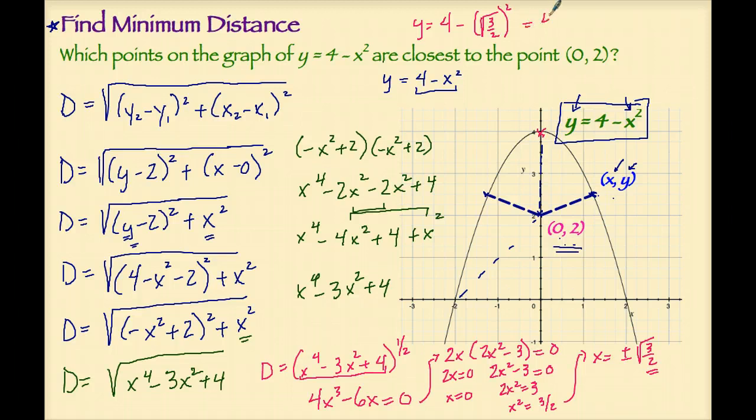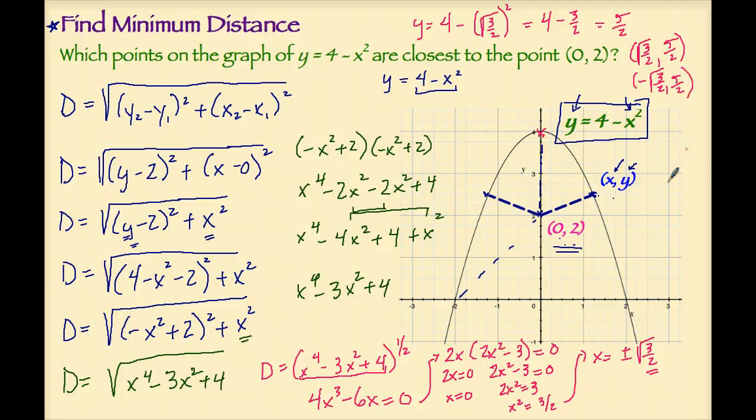This means I'm going to have 4 minus 3/2. 8/2 minus 3/2 is 5/2. So the two ordered pairs that are the closest to 0, 2 on this parabola are positive square root of 3 over 2, 5/2, and negative square root of 3 over 2, 5/2.